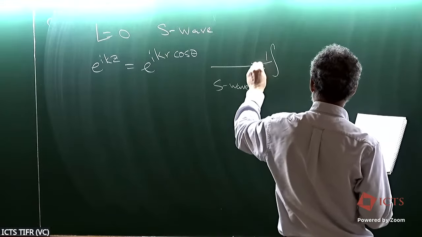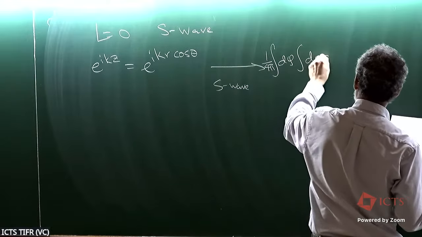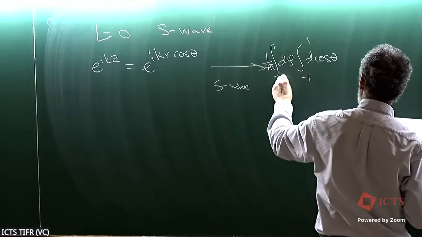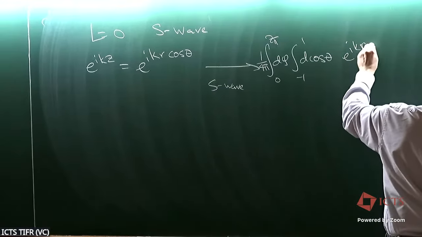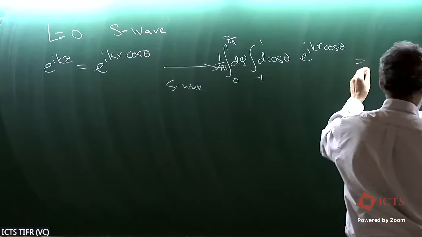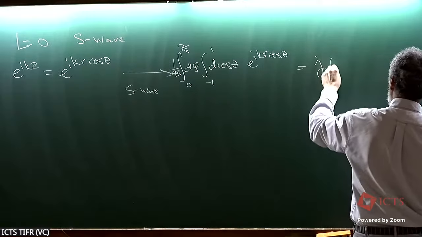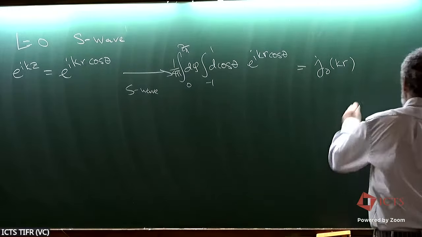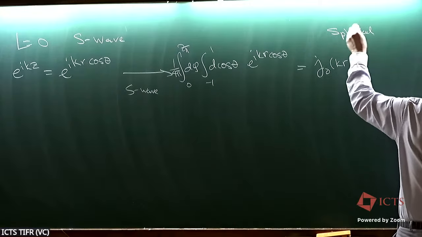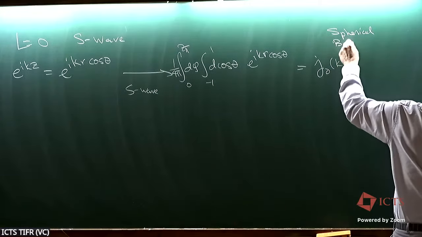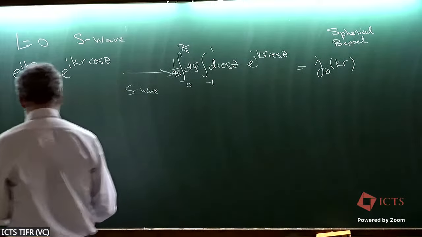So it's 1 over 4 pi, integral d phi from 0 to 2 pi, integral d cos theta from minus 1 to 1, of e to the ikr cos theta, which is equal to the spherical Bessel function J0 of kr. Where L equals 0 appears there as J0.